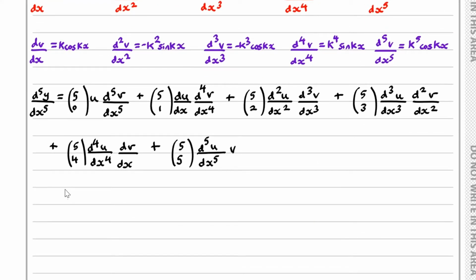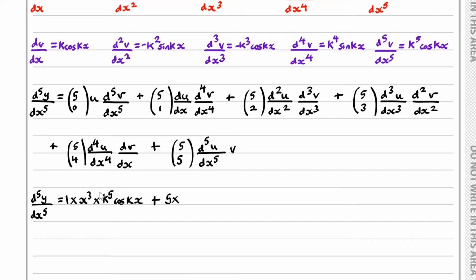So substituting what we have, d5y over dx5 is equal to, well here 5 choose 0, that's 1. And then we have u, which is x cubed. And then we have the fifth derivative of v, which is k to the 5 cos kx. And then we have 5 choose 1, which is 5.